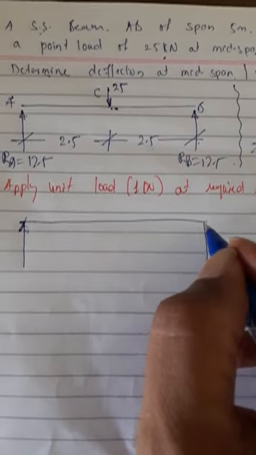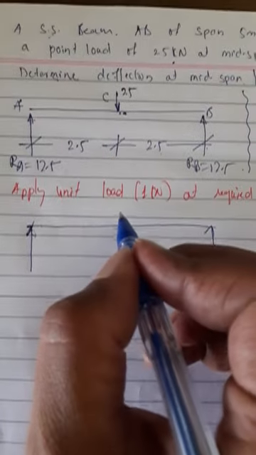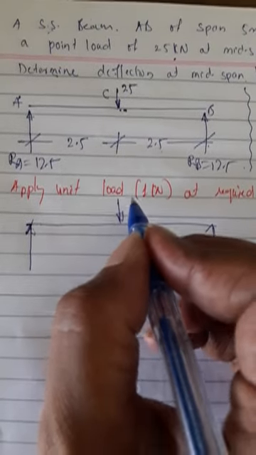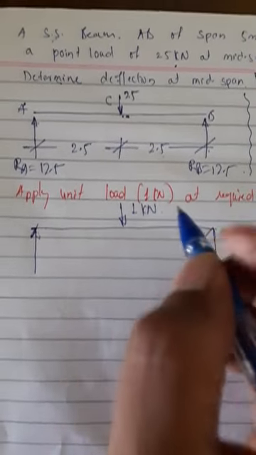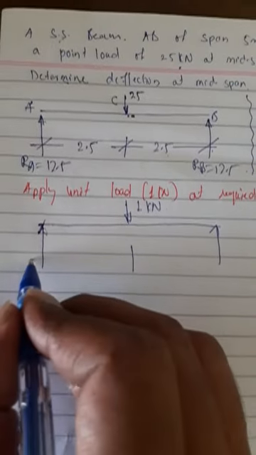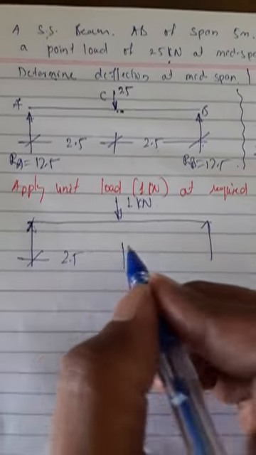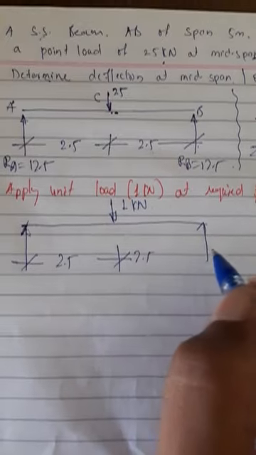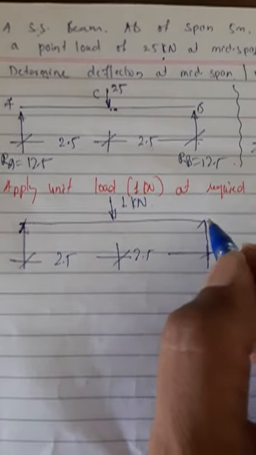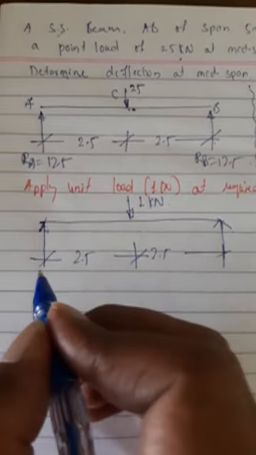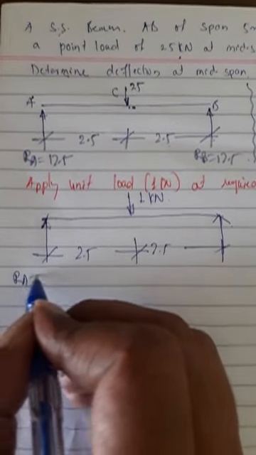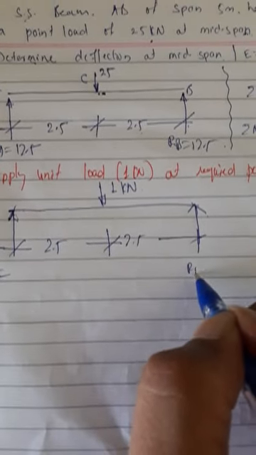Let these be the reactions. Apply 1 kilonewton. This distance is 2.5, 2.5. Now find reactions for this unit load.